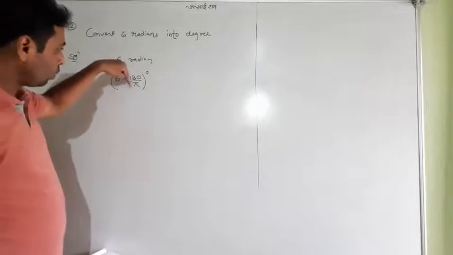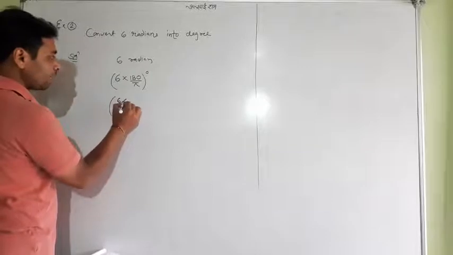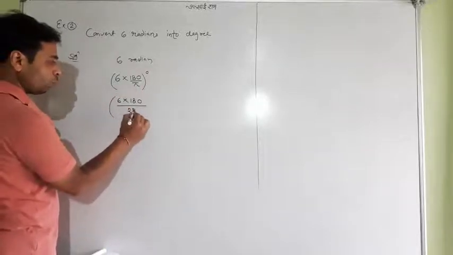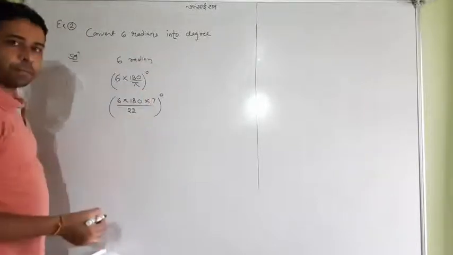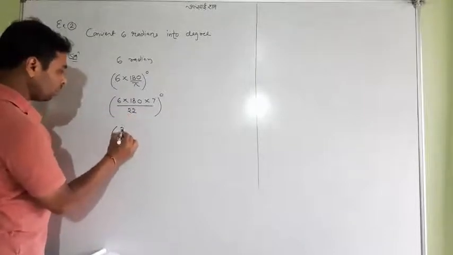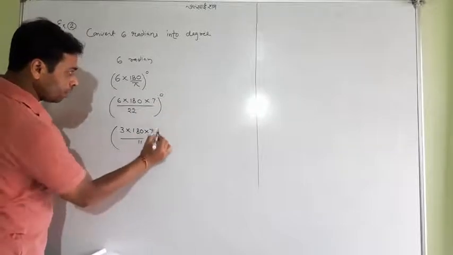Now we have to simplify the inside term: 6 into 180 upon pi, meaning 22 upon 7. So 7 will go upside definitely. Now you can simplify more, like cancel by 2, 2 threes are, and 2 elevens.